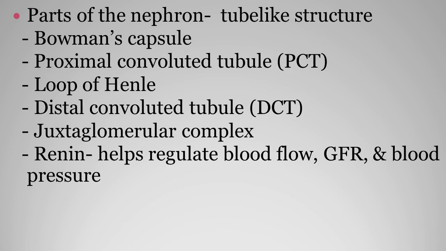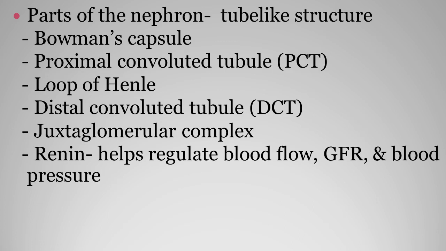And actually, within the nephron, the tubes begin with the Bowman's capsule. Your Bowman's capsule will start to narrow into the proximal convoluted tubule, and we call that the PCT. What convoluted means is twisted and turned. And the PCT twists and turns, finally straightening into the descending limb of the loop of Henle.